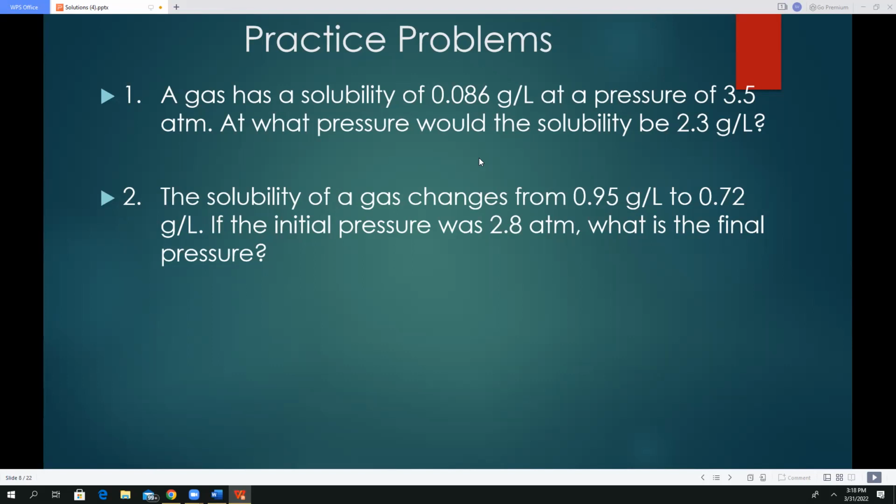I want you to show your work because I want to know that you know what you're doing. Okay, so problem two again. What is the second one?